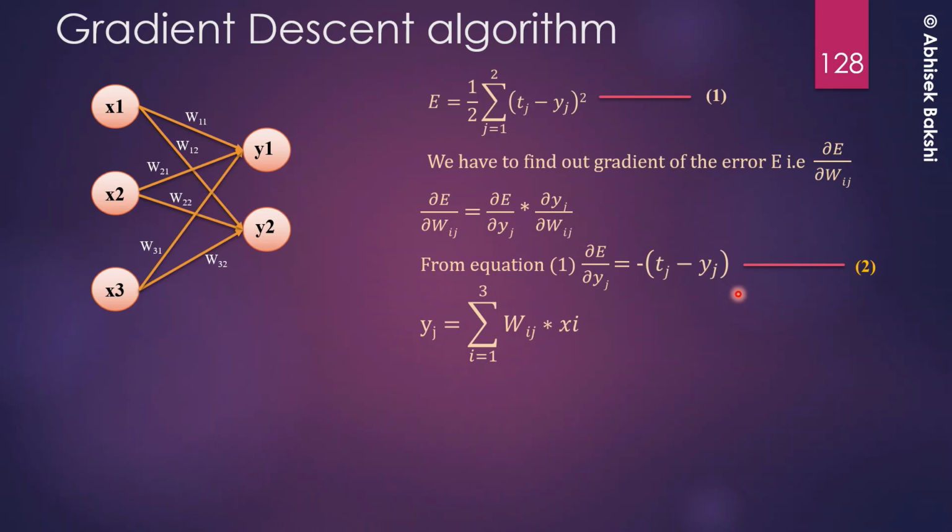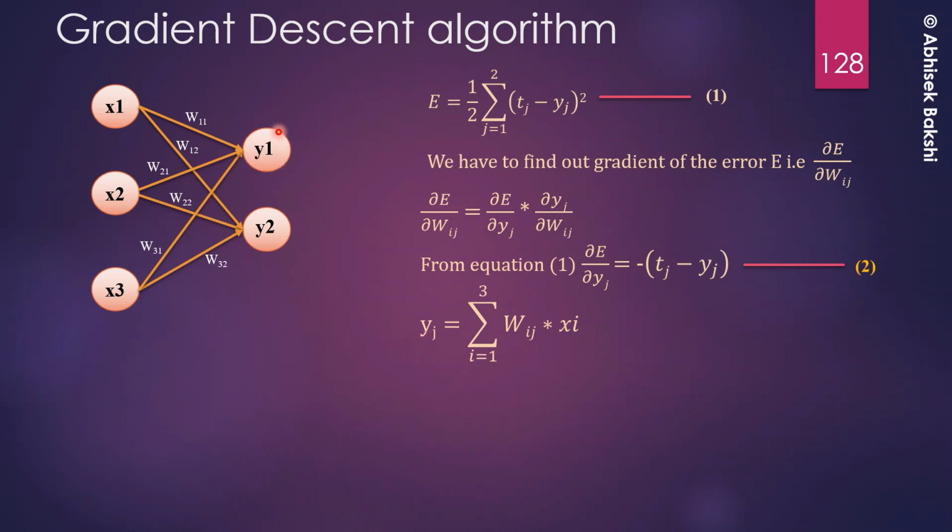So basically, you know, this yj. Now the question is what exactly this yj is. This yj is basically any y. Take y1.